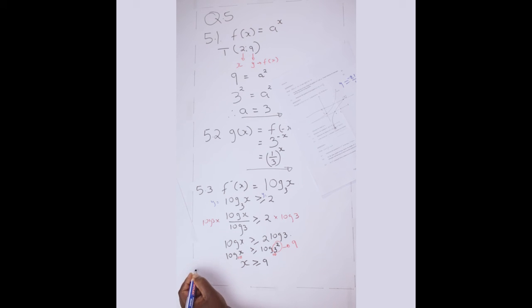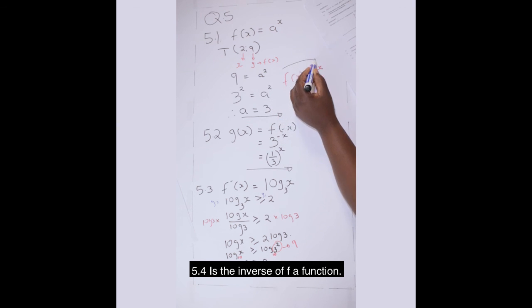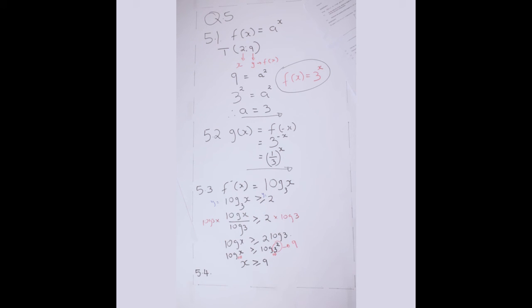Okay, the last question on question 5, it is 5.4, whereby they said, is the inverse of f a function? Remember we had the graph of f, which is f of x equals 3 to the power x. And our inverse is the one which is f to the power minus 1 of x equals log with base 3 of x.